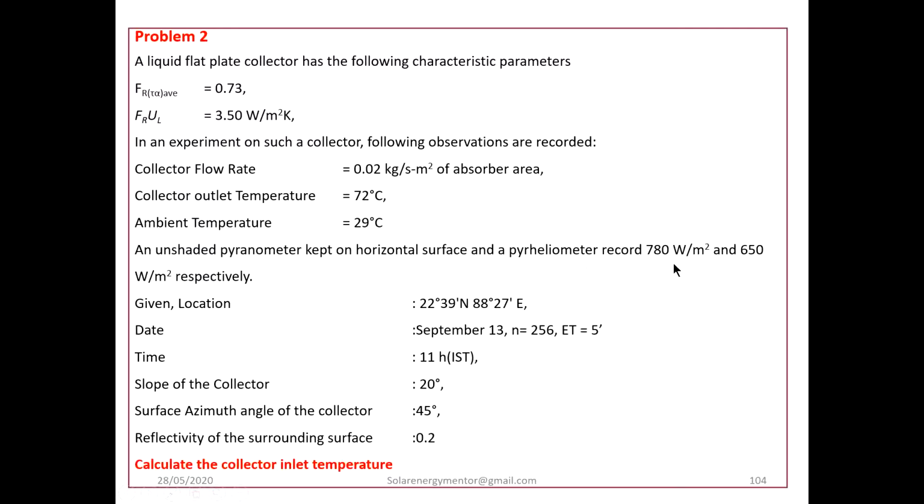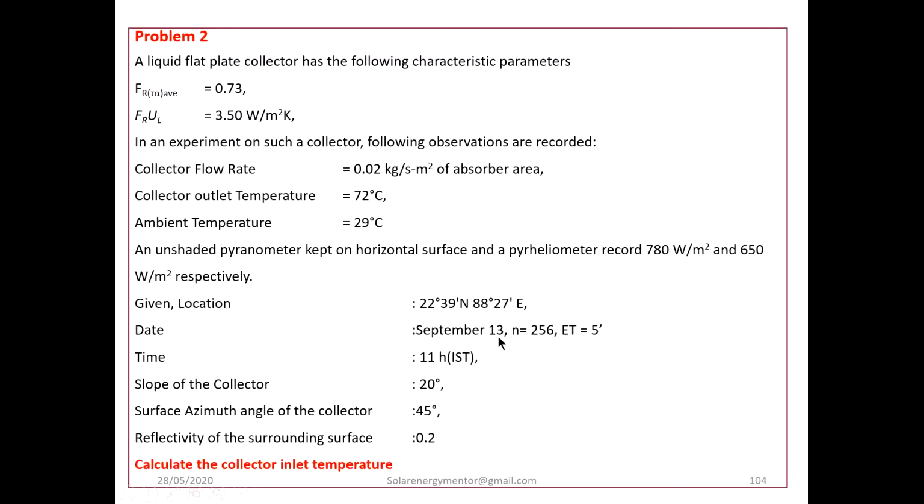So the pyranometer is reading 780 watt per meter square and the pyrheliometer is reading 650 watt per meter square. Location is given: 22 degrees 39 minutes north latitude and 88 degrees 27 minutes east. So this is the longitude given.